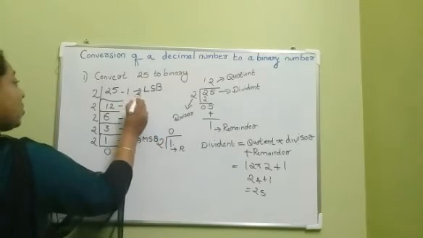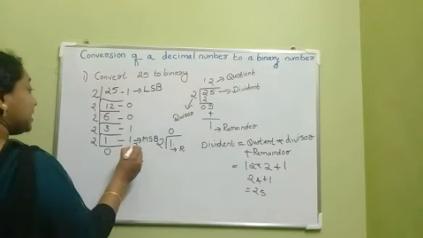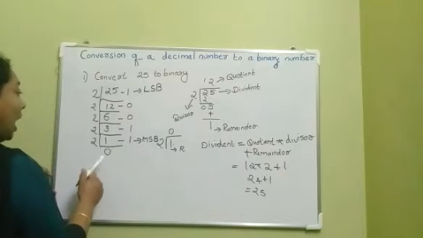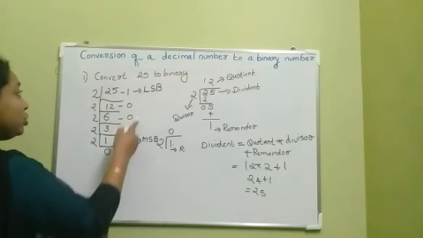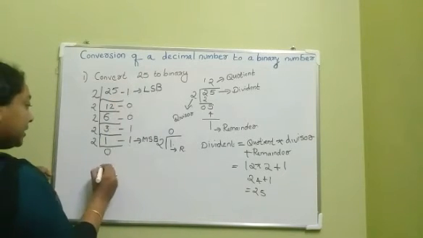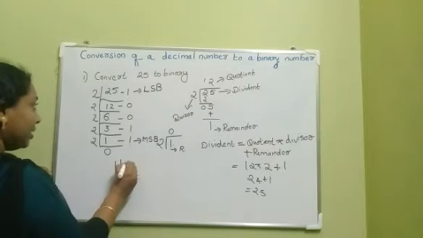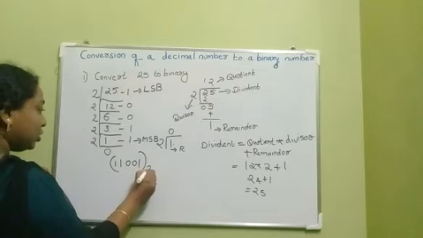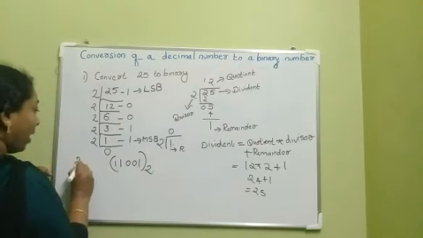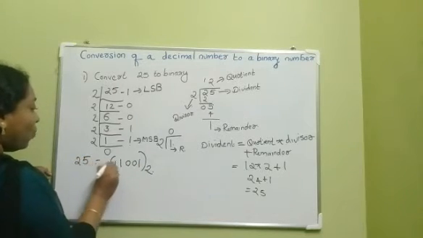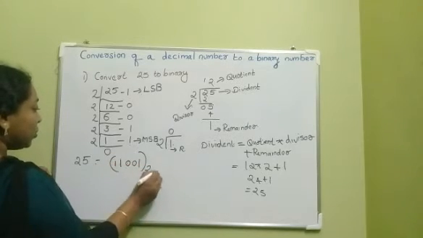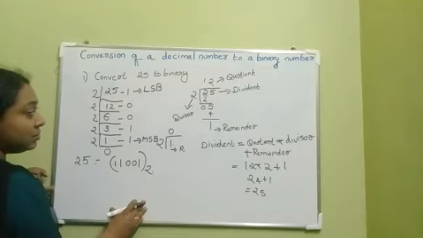The first remainder is called the LSB and the last remainder is known as the MSB. Then arrange from bottom to top: 1 1 0 0 1 base 2. So 25 base 10 equals 11001 base 2. Is it clear?